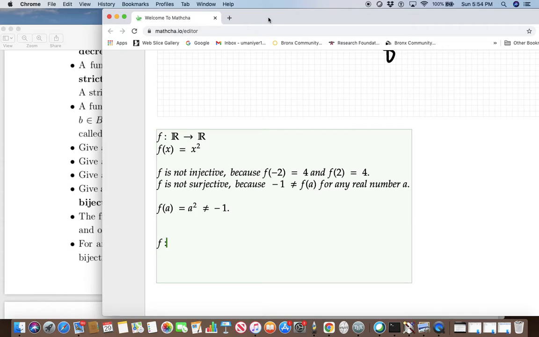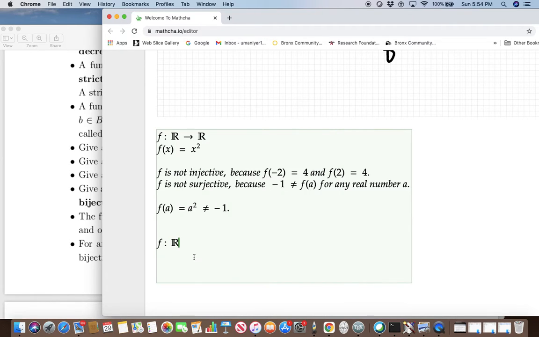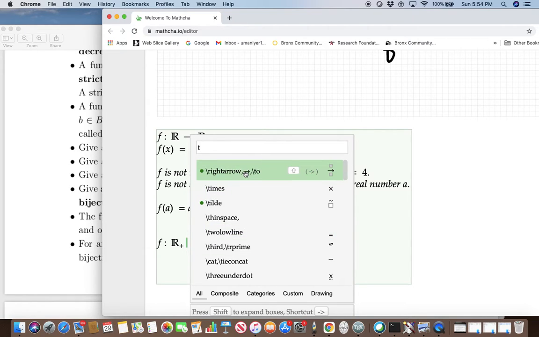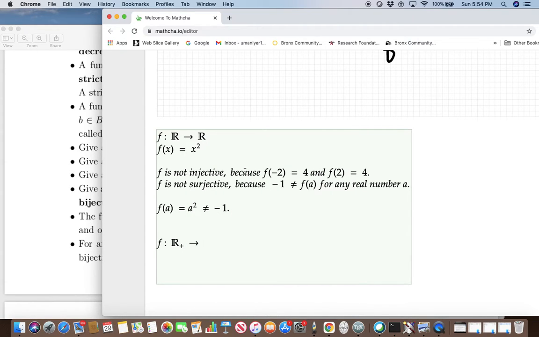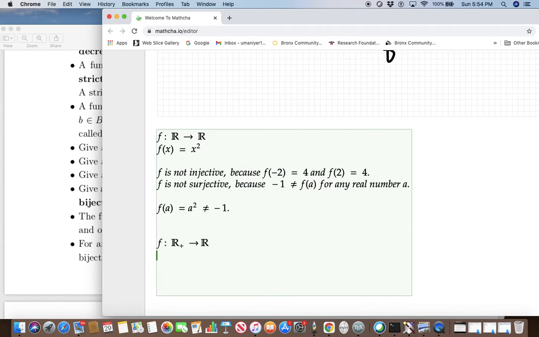Suppose I take a function f from the set of positive real numbers to the set of real numbers, given by f(a) equals a to the power 2.